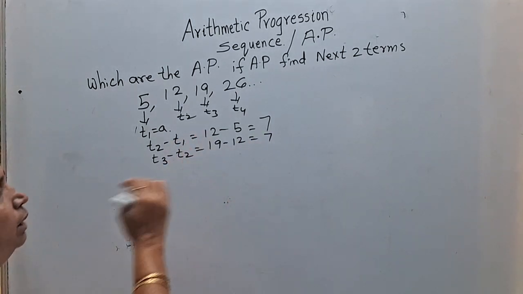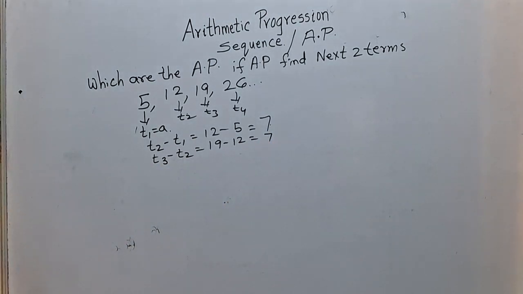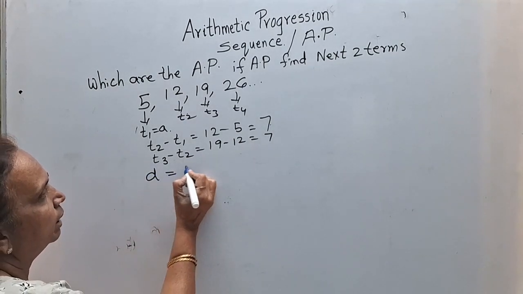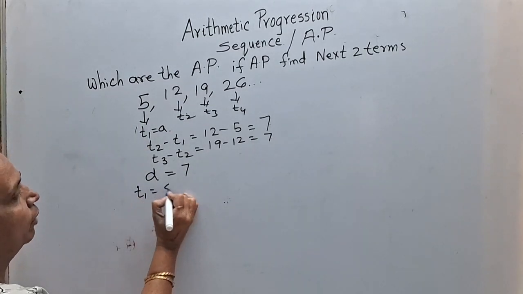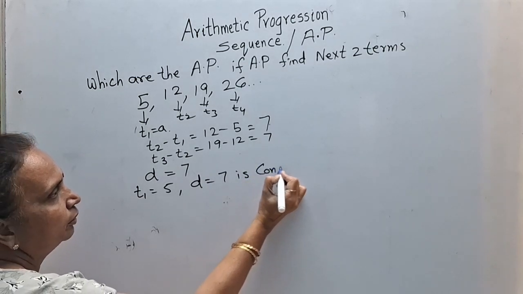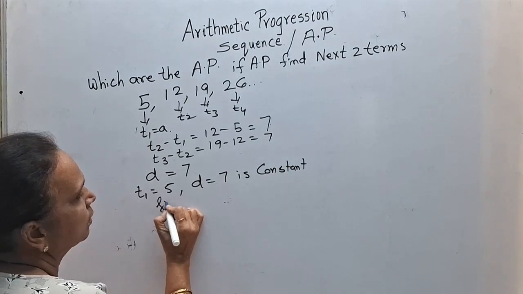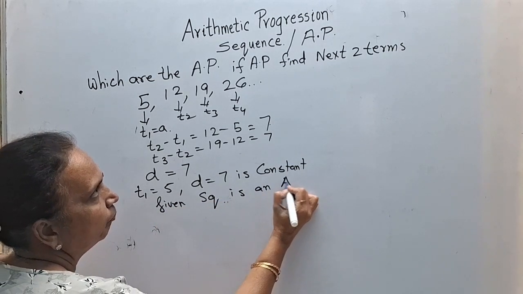You can find out 2, 3, and you are going to see that this 7 is constant. Okay, so the common difference D is nothing but 7. So because T1 is 5 and the common difference 7 is constant, the given sequence is an AP.